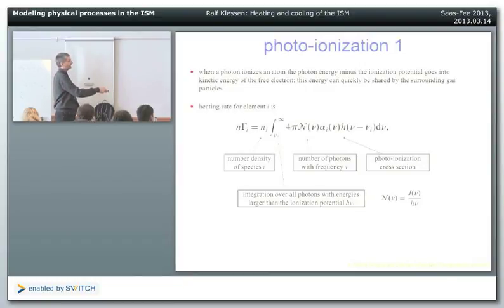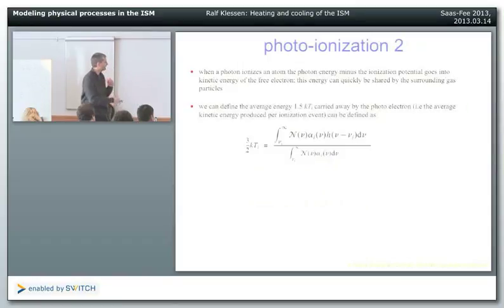And this is now simply, as before, the flux divided by the photon energy. It gives me the number of photons. Again, I can define an effective energy for ionization by taking the energy input by the number of events. This gives me the energy input per event.